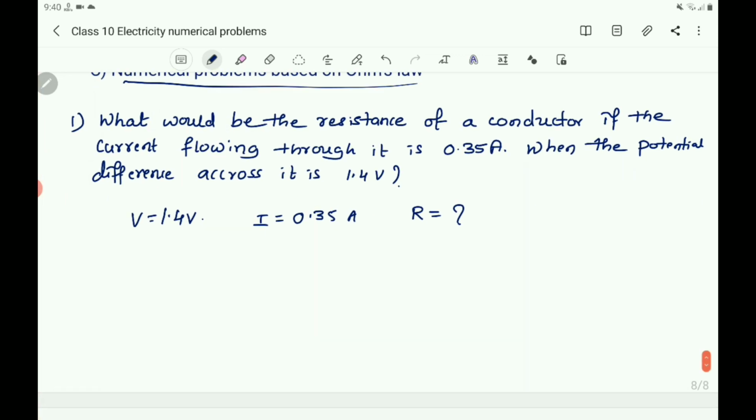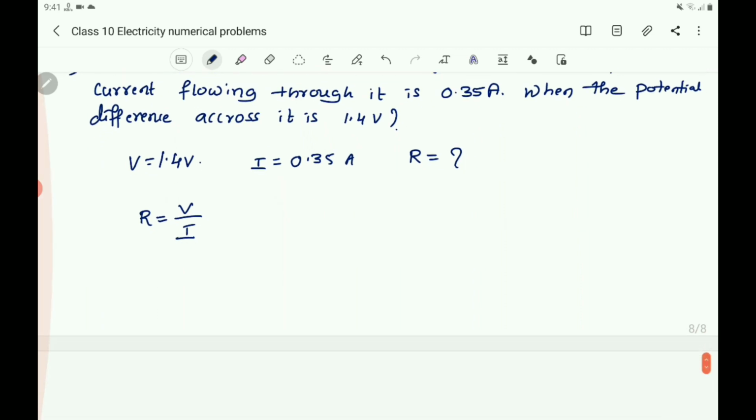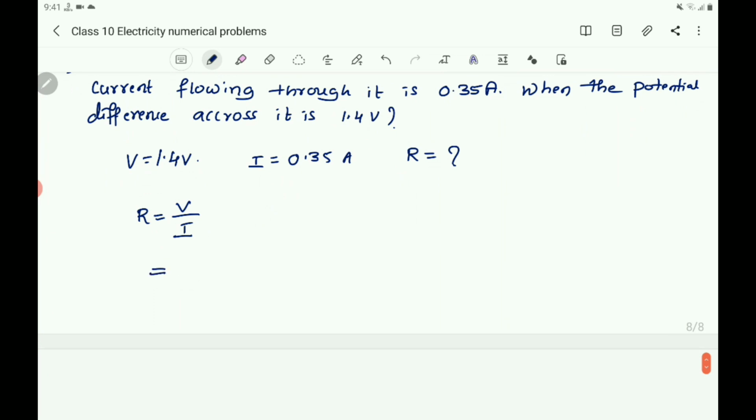According to Ohm's law, resistance R equals V by I. You know that V equals R into I and R equals V by I. Then you write V is 1.4 and I is 0.35.